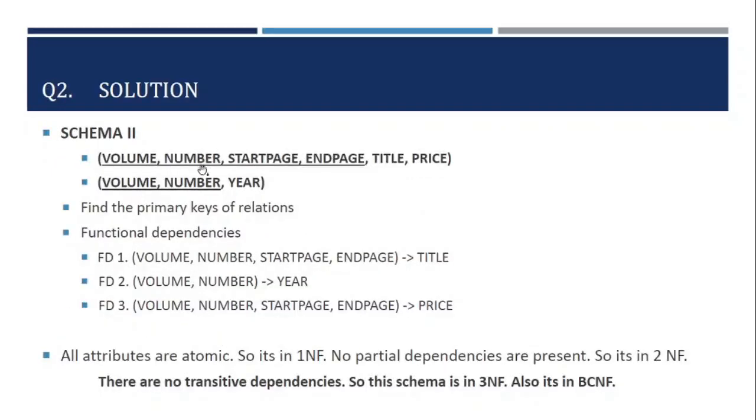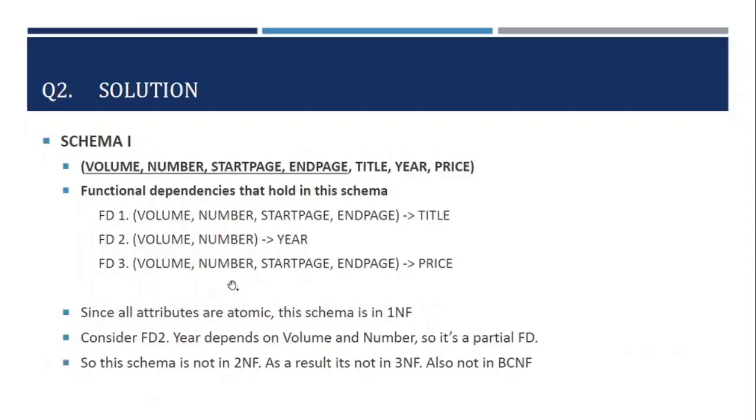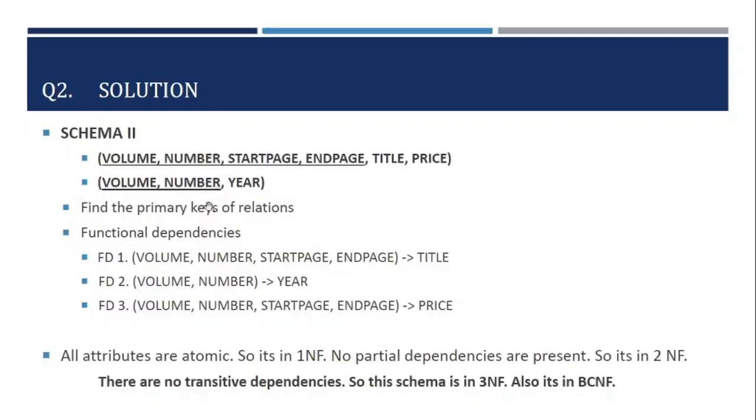This is table 1 and this is table 2, and all the functional dependencies that are present in the original table should be preserved when you perform this decomposition. That's what we mean by preserving functional dependencies. The three functional dependencies should be satisfied in any one of the tables.